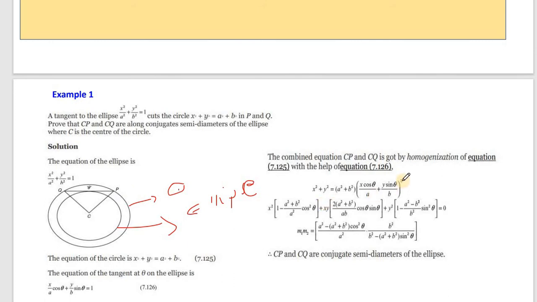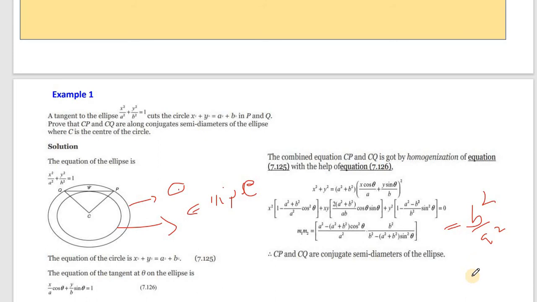So that is what is done here: x by a cos theta plus y by b sin theta, the whole square. Then collect the coefficient of x square, collect the coefficient of y square, and the other term, the xy term, we are not bothered about. From here we consider the product of the roots, and on simplification these things cancel out, leaving just b square by a square.